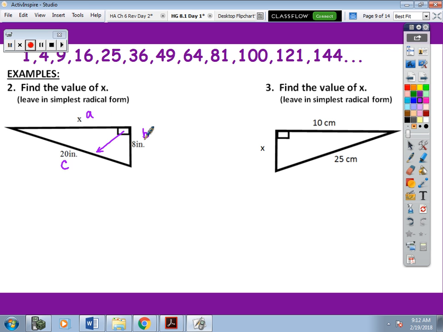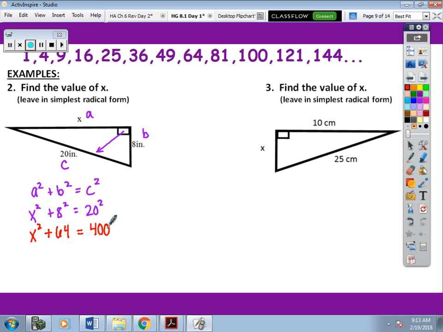And we plug into our Pythagorean theorem. Now, in this case, you do have to actually perform your order of operations, which would be exponents first. So we're actually going to go ahead and square each of these.